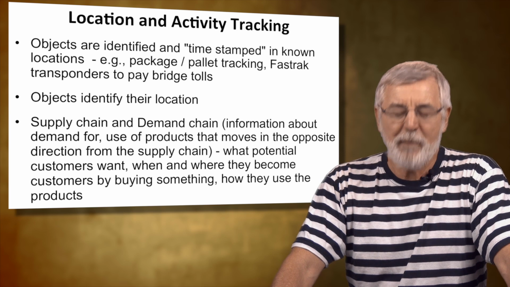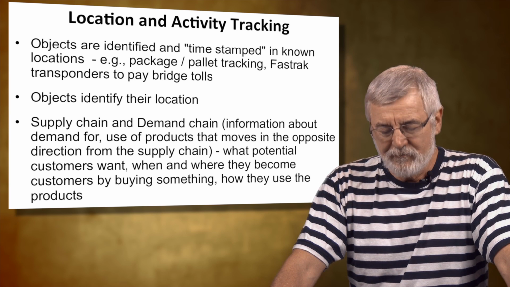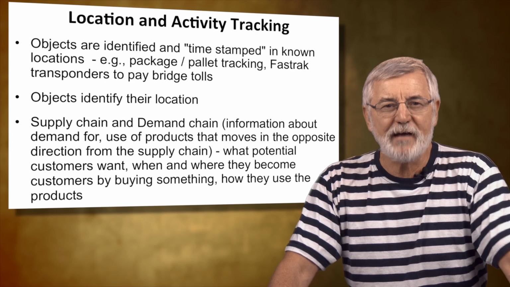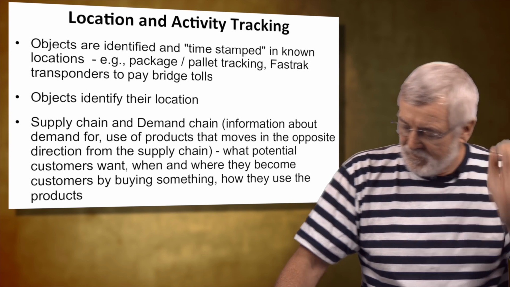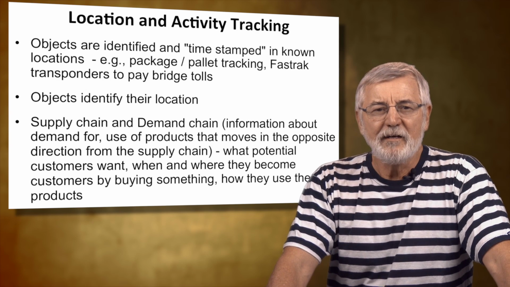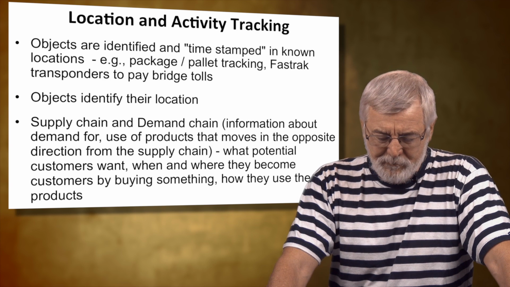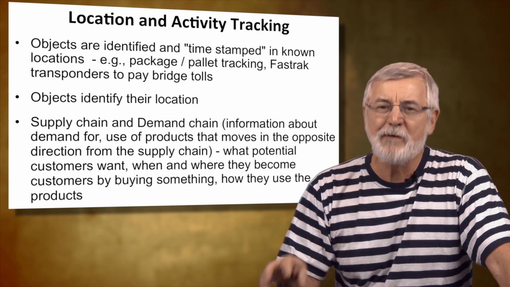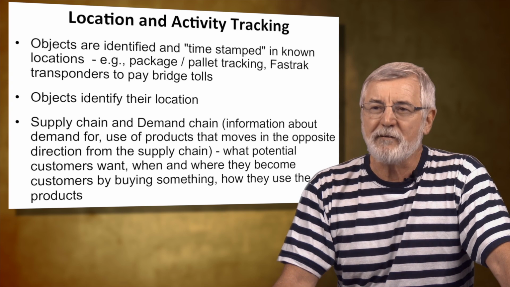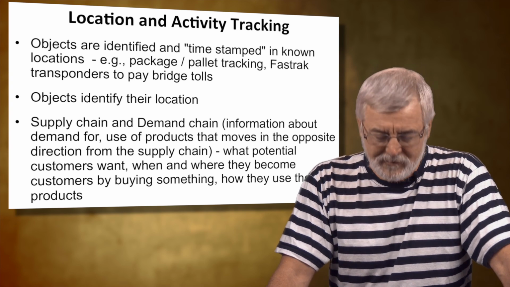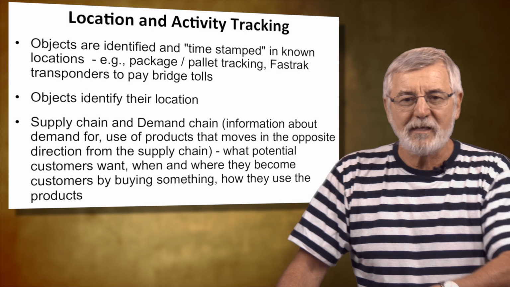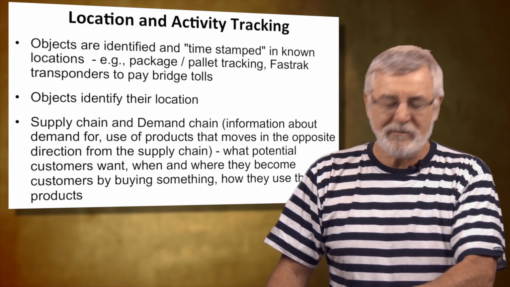We use this to track packages when we deliver them. So object identifying the location is a really important kind of idea, and it's essential in doing business because knowing where things are is the key to being efficient about building things and selling things and getting things to customers at the point when they want to use them and buy them.